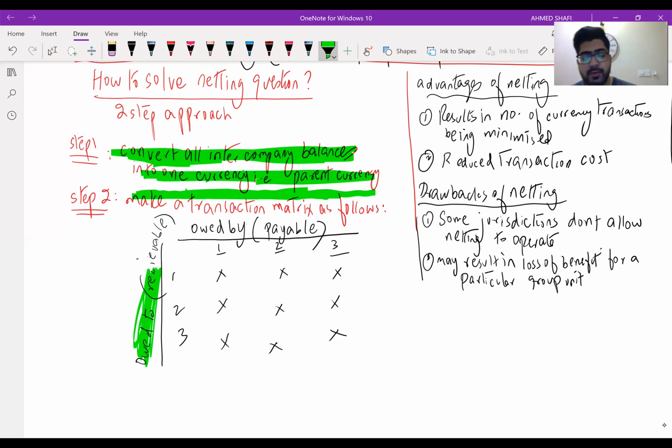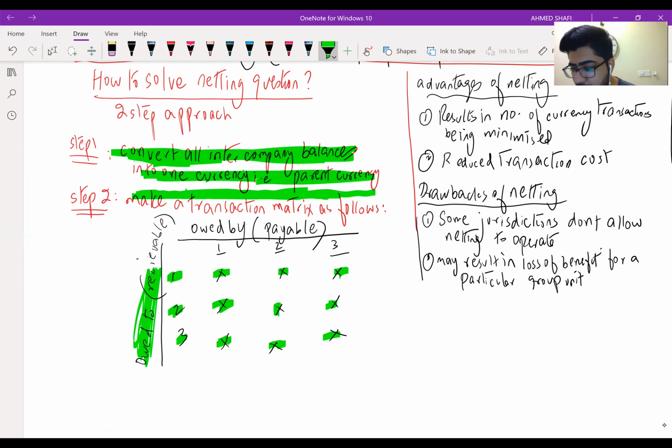Make columns and rows. Enter the relevant subsidiaries or companies. Record their individual transactions. And that's it. This is how netting is solved. First, convert all intercompany balances into one single currency, that is the parent currency.